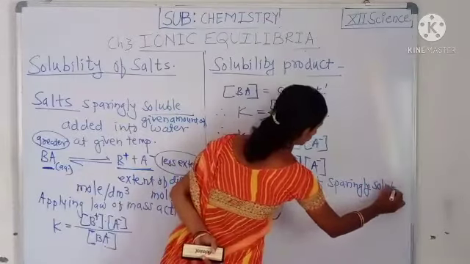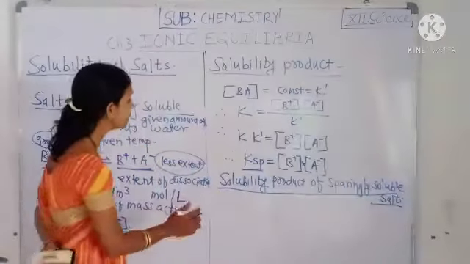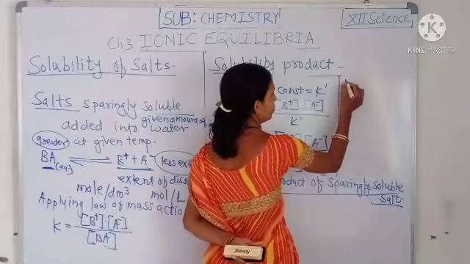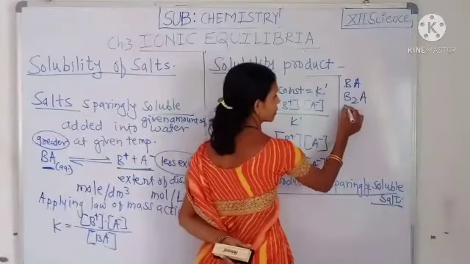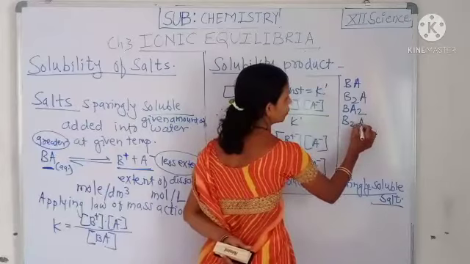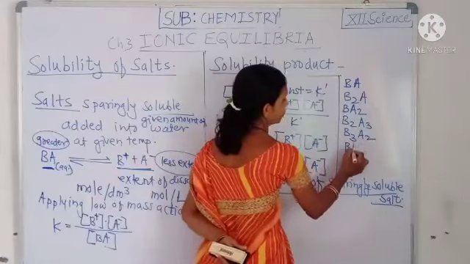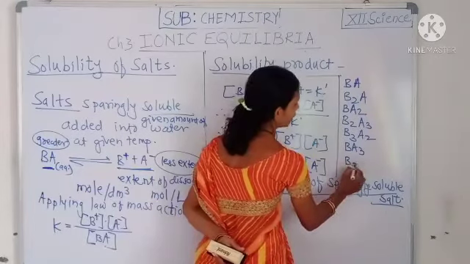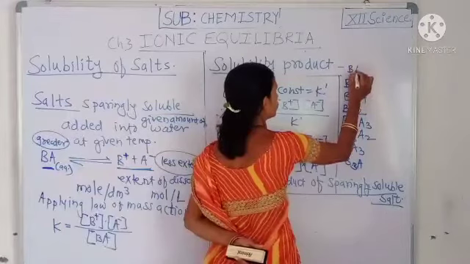There are different types of salts: BA type salts, B2A type salts, BA2 type salts, B2A3 type salts, B3A2 type salts, BA3 type salts, B3A type salts, or BA4 type salts.